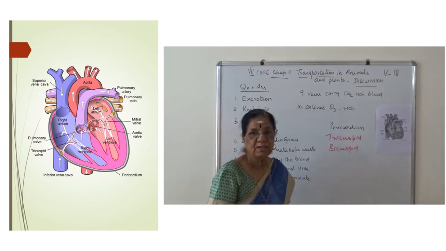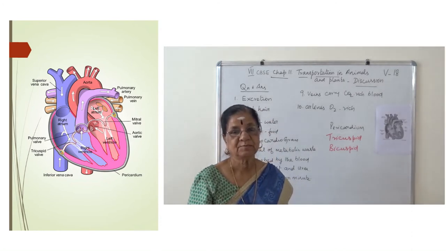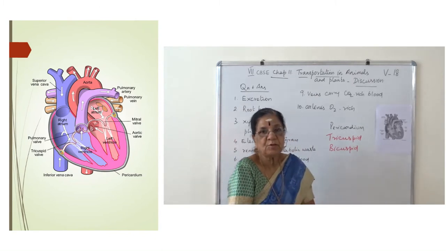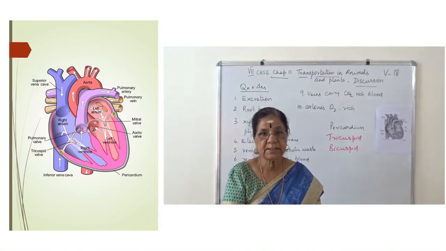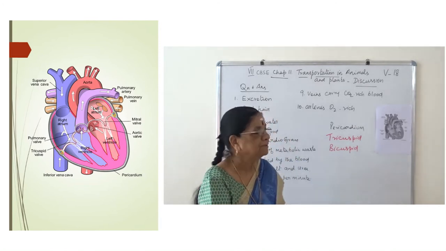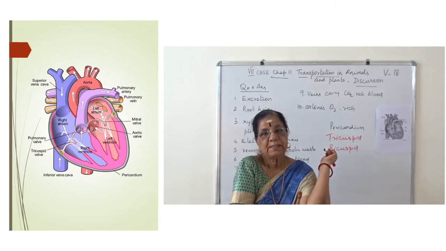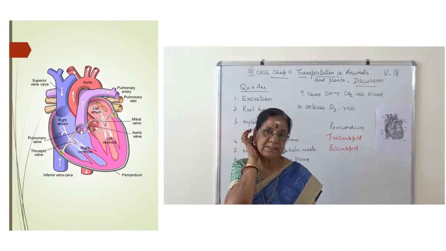This bicuspid valve is also known as the mitral valve. I hope you understand. So there are four chambers of the heart: right atrium and left atrium, right ventricle and left ventricle. The right atrium opens into the right ventricle through the tricuspid valve, and the left atrium opens into the left ventricle through the bicuspid valve or mitral valve. I hope you understand this.